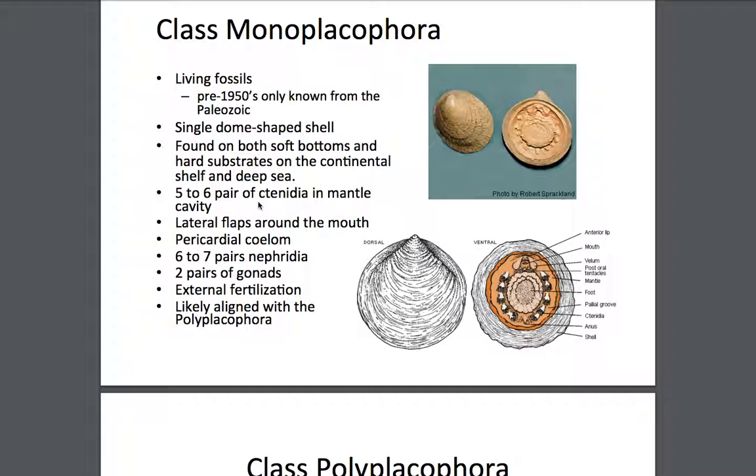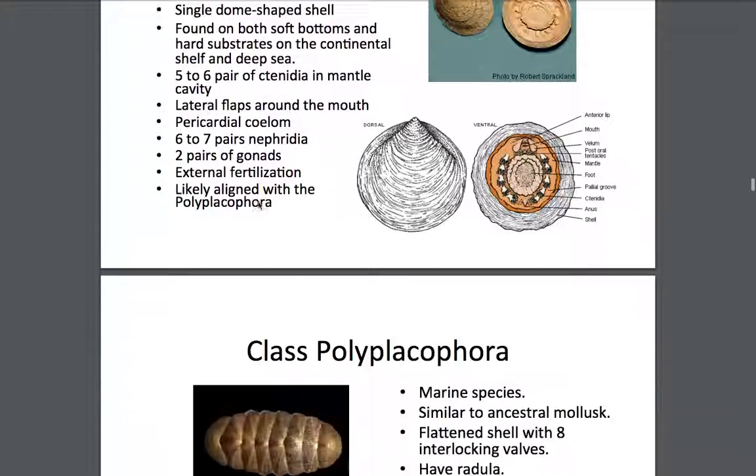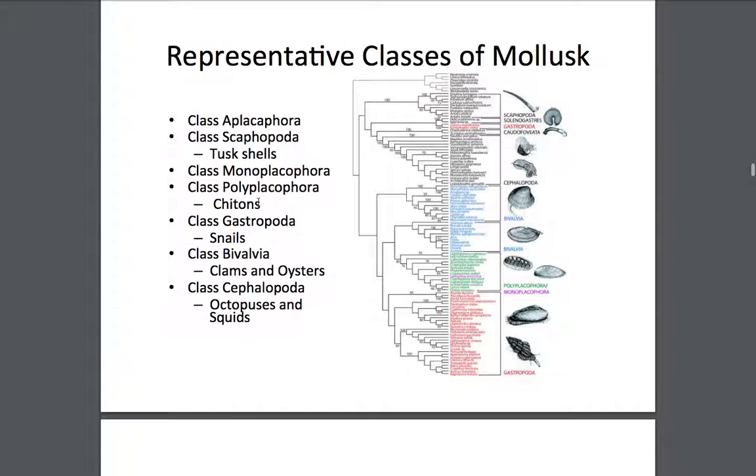When we've looked at molecular setups, where do you see the monoplacophorans here? This is right through here. Can you tell that tree from here? Okay, so green are the chitons, and that pink is monoplacophora.